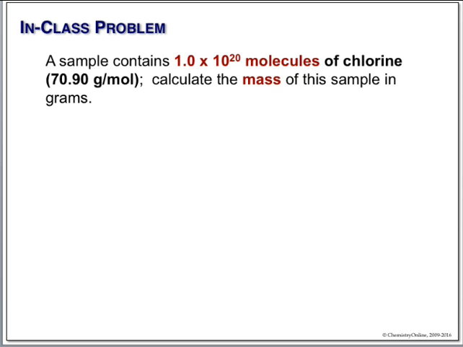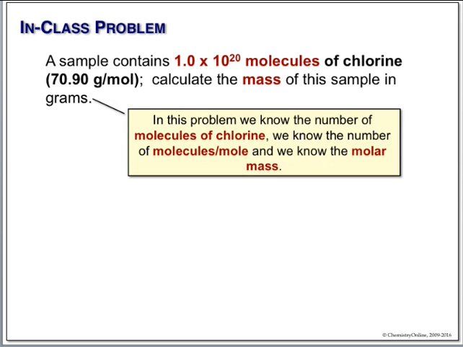Well, we know that 1 mole of chlorine would be 6.02 times 10 to the 23rd, right? So if we divide this number by 6.02 times 10 to the 23rd, that'll tell us how many moles we have, right? And if we know the molar mass, we can calculate the mass.